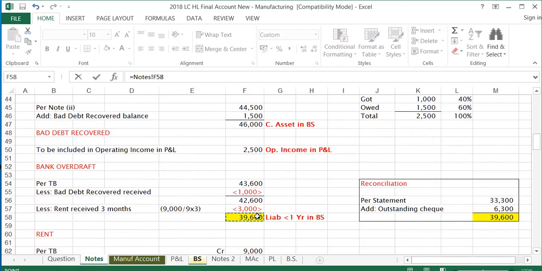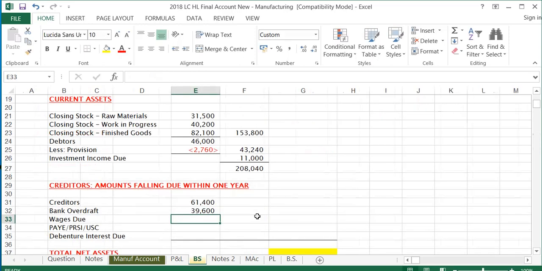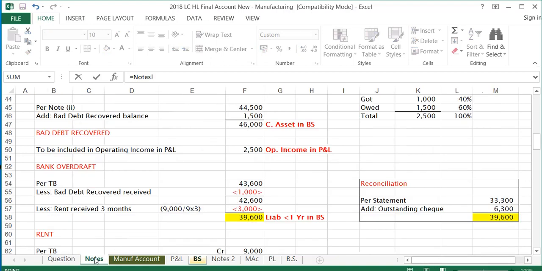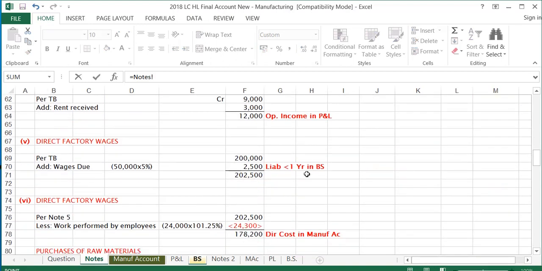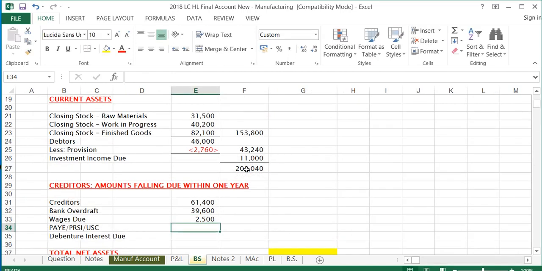I can see here my bank overdraft is 39,600. Wages due was the wage increase of 5% of 2,500, 5% of the 50,000. That's a liability less than 1 year because we haven't paid it yet. PAYE, PRSI, USC is coming directly from the trial balance of 20,700. There's no change to that.